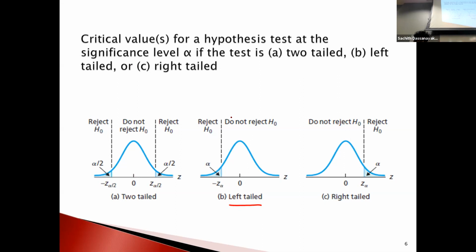In the left tail test, your rejection region is always on the left hand side. That's why we call it the left tail test. In the right tail test case, your rejection region is always to the right. This colored area we call the rejection region. This white area is the non-rejection region. In the right tail test, your rejection region is on the right hand side.